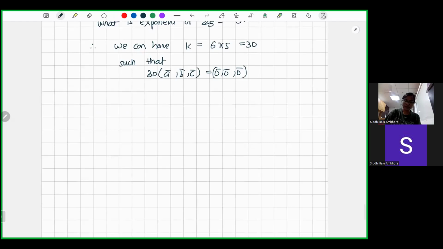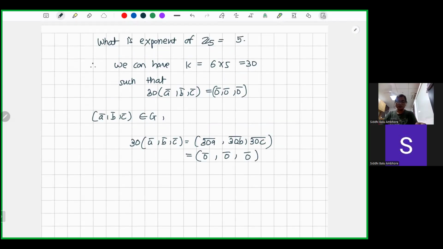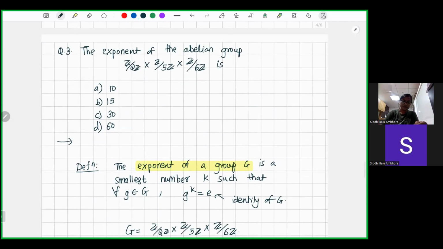And you can check this. If I take any a bar, b bar and c bar in G, then 30 times each gives 30 a bar, 30 b bar and 30 c bar. This becomes 0 bar because 30 is a multiple of 2, a multiple of 5, and a multiple of 6. So the only possible choice here is 30.